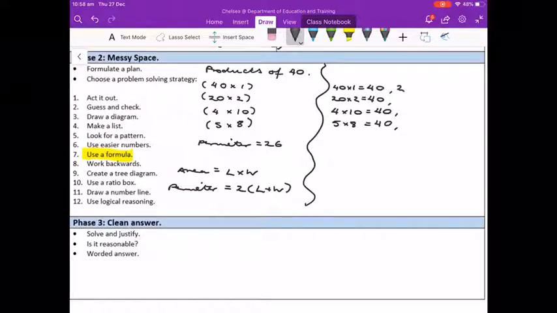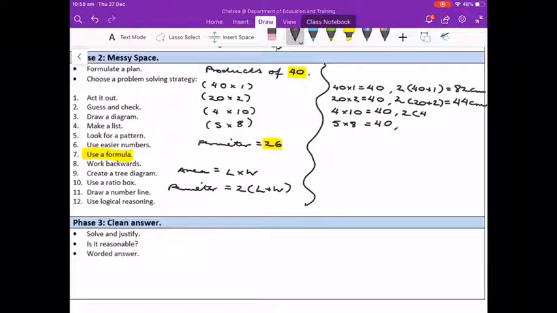So we have 2 times 40 plus 1. So 40 plus 1 is 41 times 2 equals 82 centimetres. Remember, we need the 40 and the 26. 2 times 20 plus 2. 20 plus 2 is 22, and double 22 is 44 centimetres. So that's incorrect.